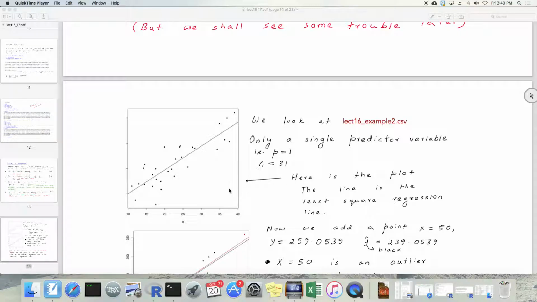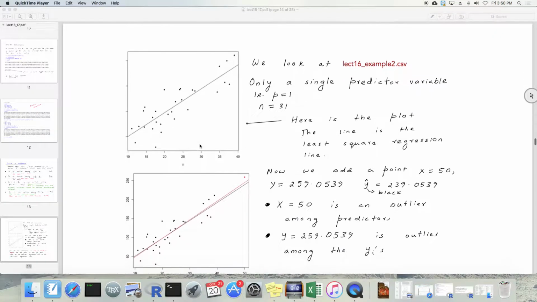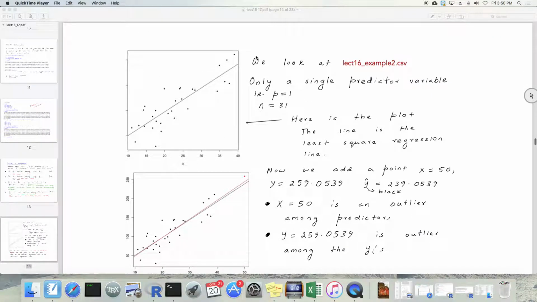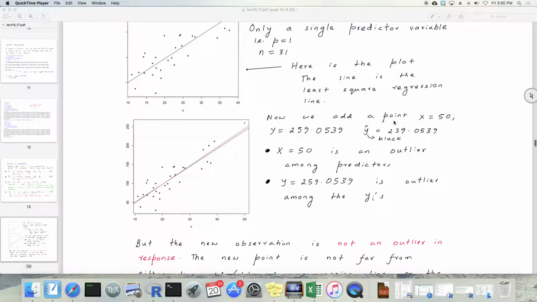So we look at lecture 16 example 2.csv, just one x and one y. Here p equals 1, there's only one x variable. We are taking this because that's easy to show in the graph. For this data, we add one more data point, the red one.